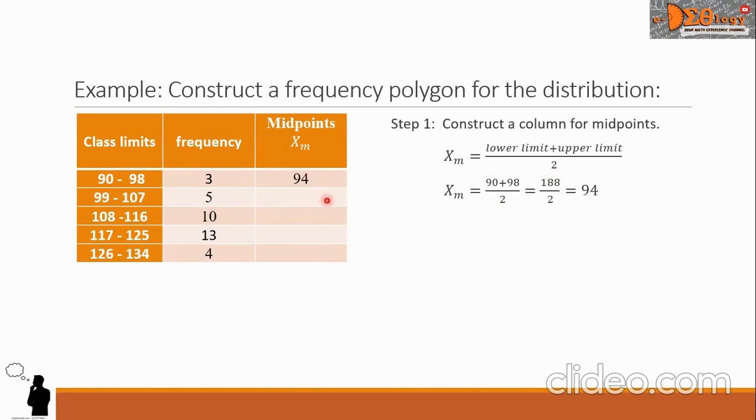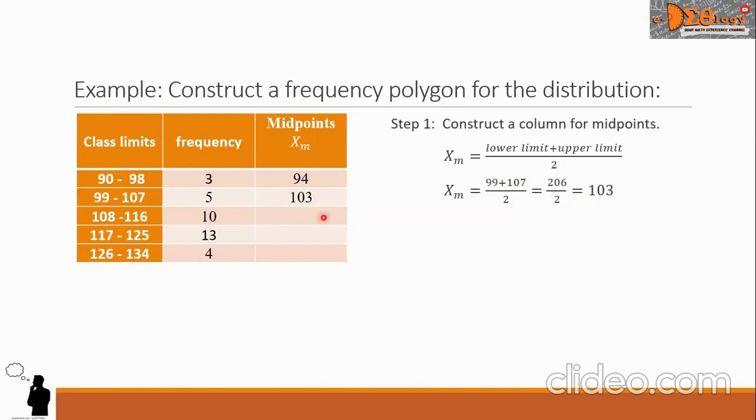For the second blank, the value is 103. That is 99 plus 107 divided by 2 equals, the sum is 206. Divided by 2, we will get this 103.